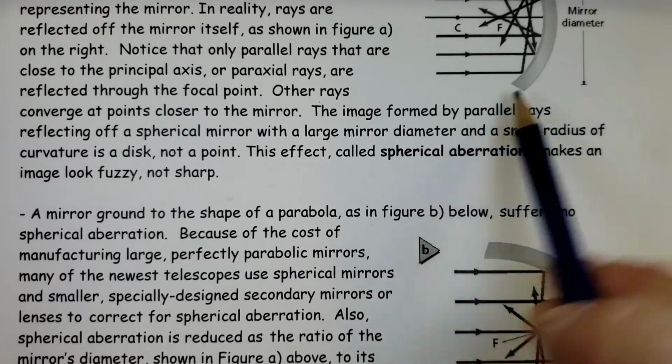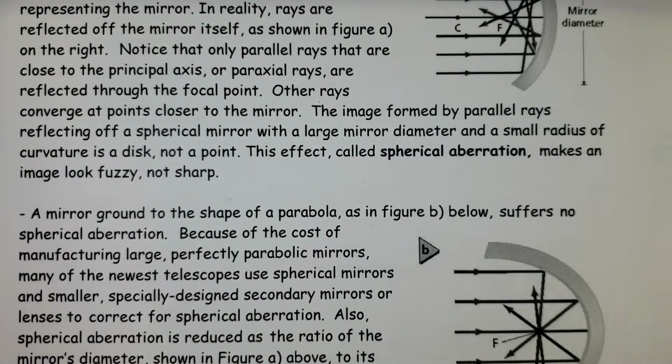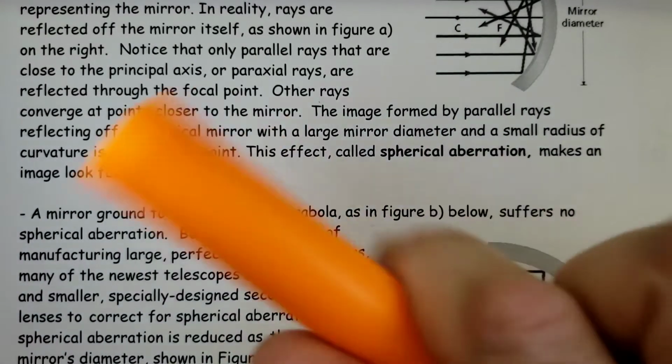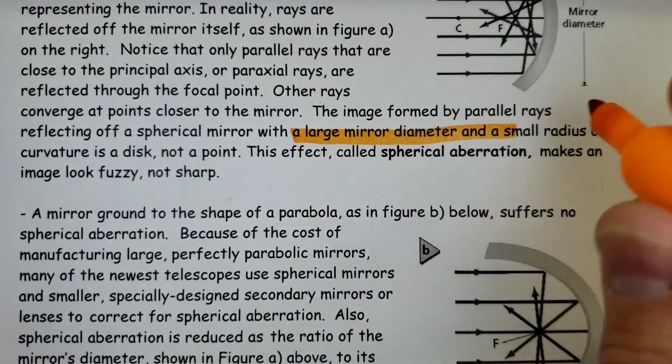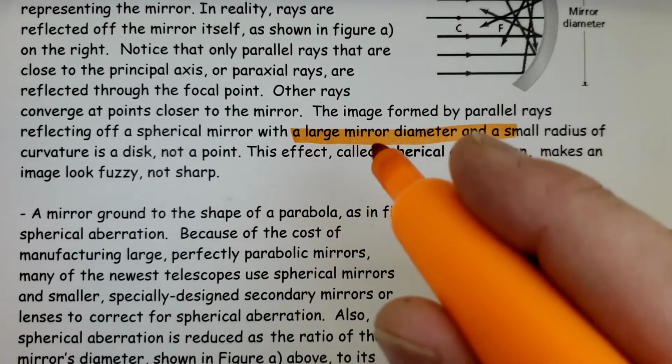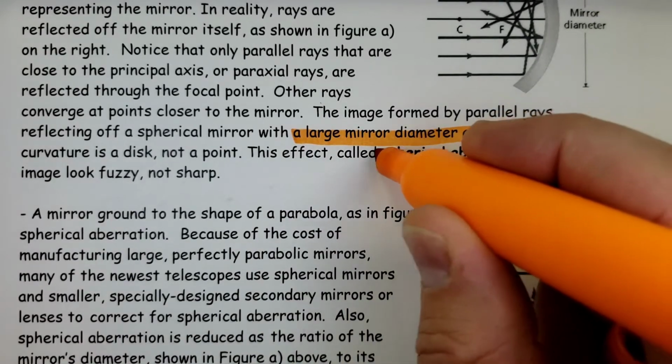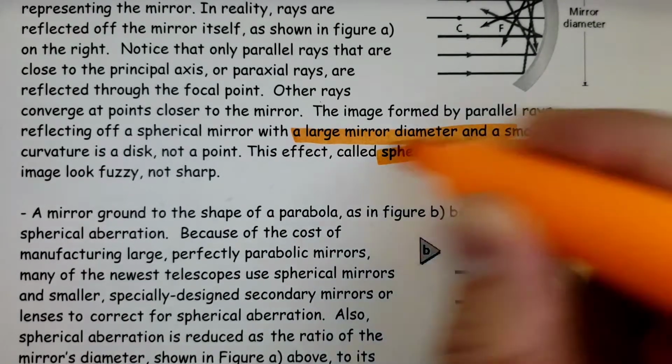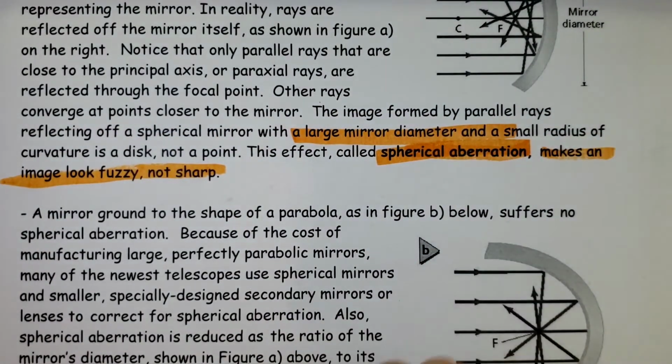The image formed by parallel rays reflecting off a spherical mirror with a large mirror diameter and a small radius of curvature is a disk, not a point. This is called spherical aberration, which makes the image look funny.